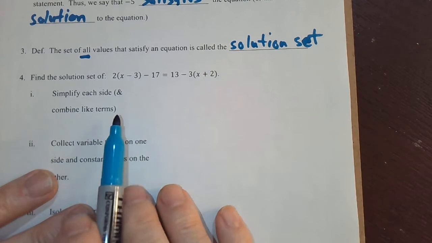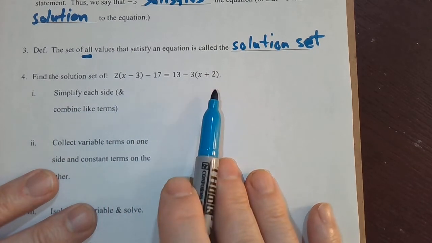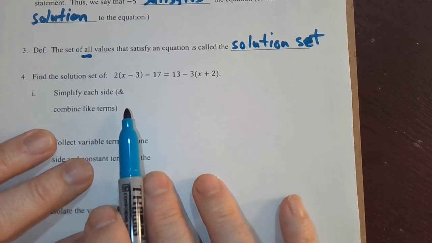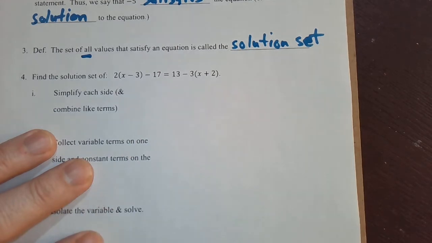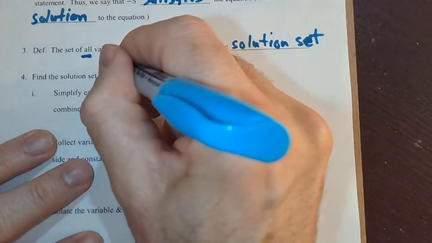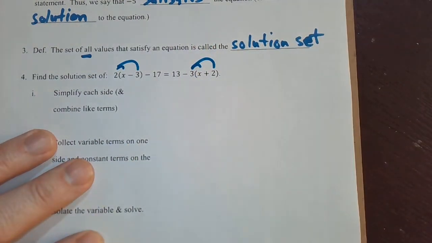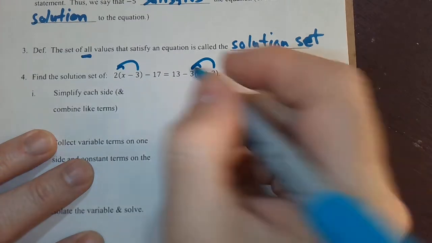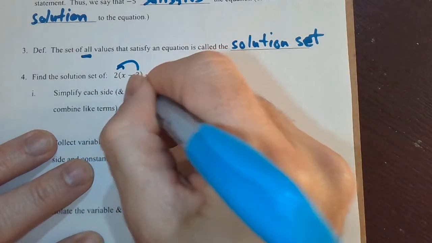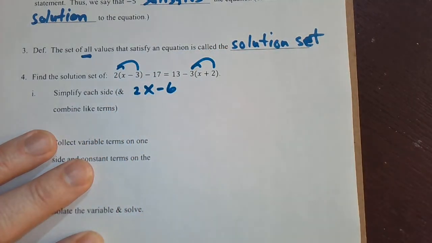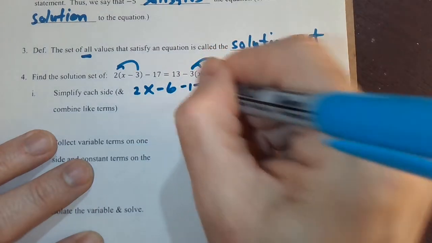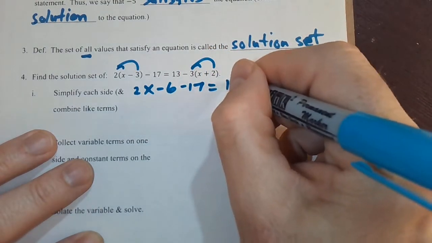Okay, so let's find the solution set of this equation. So we're going to simplify each side and combine like terms on each side individually. So what I'm going to do is the distributive property there and the distributive property there. So that's for starters. So 2x minus 6 minus 17 equals 13.